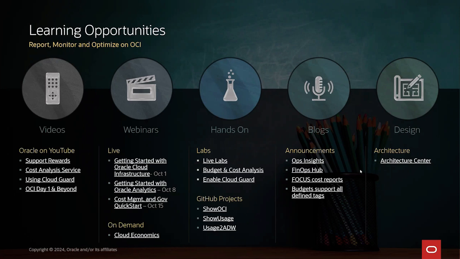We had the hub that I mentioned earlier, some additional cost reports that came out as part of the analysis service, and then budgets supporting a lot more information and a lot more alerts, like triggering on tags. So this summer, there was just a ton of different enhancements and features that came out. And as the year goes on, I would expect more rich features to come out around our financial operations tools.